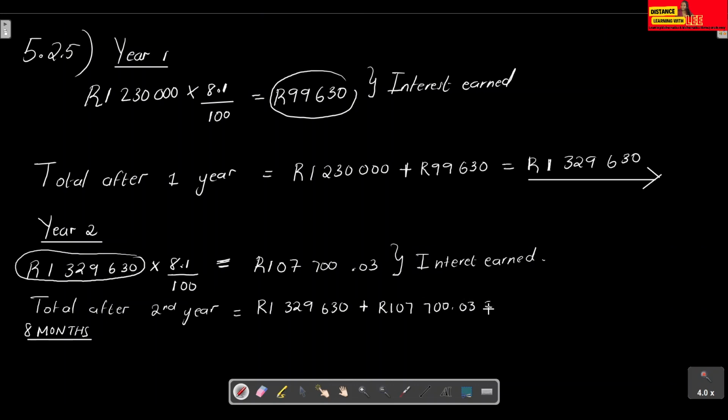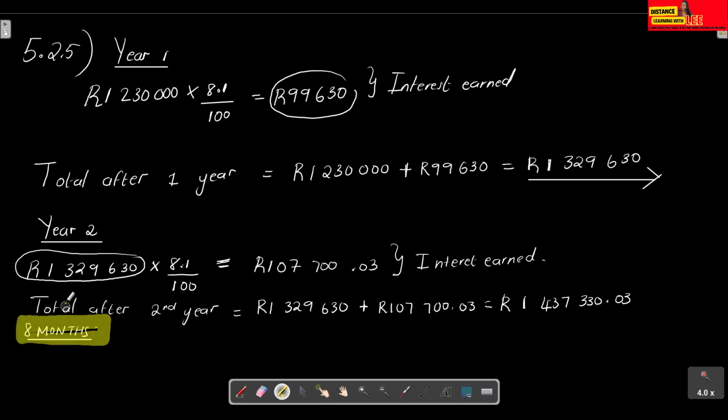If you punch this into your calculator, you'll find that at the end of year two, in his savings account, he would actually have 1,437,330.03.